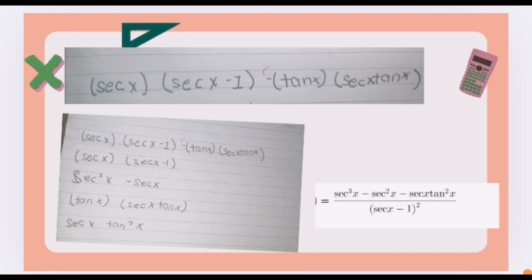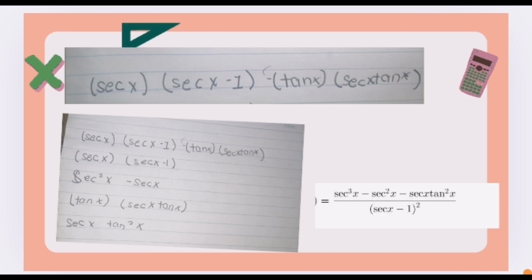And then we write the simplified expression: h of x equals secant cubed x minus secant squared x minus secant x tangent squared x over the quantity of secant x minus 1 squared.